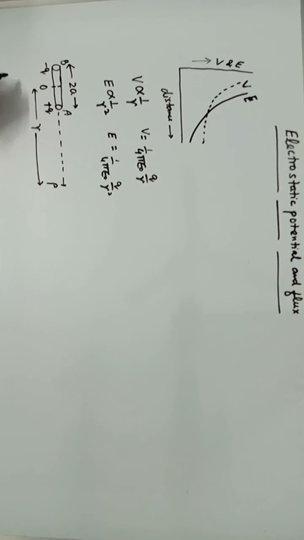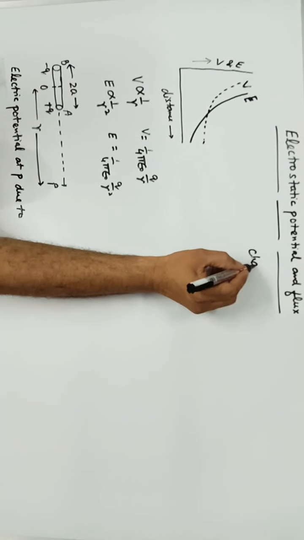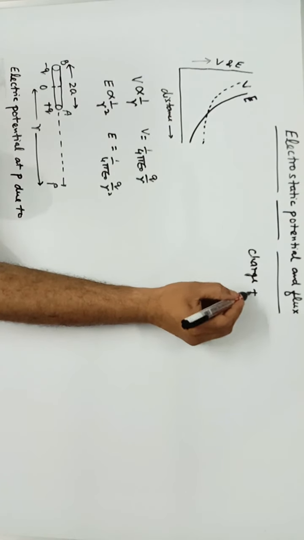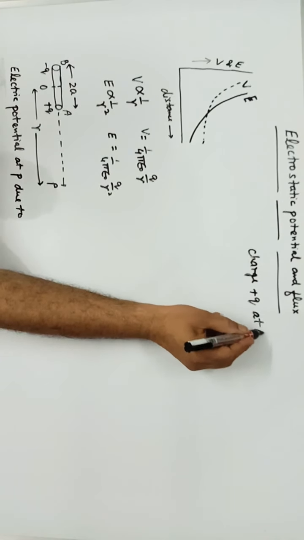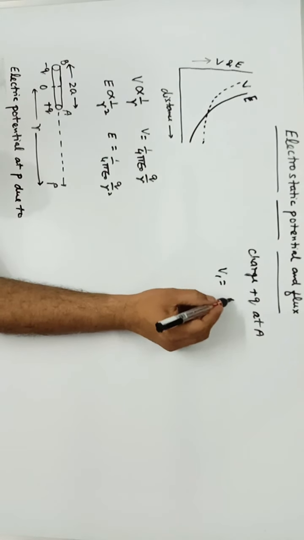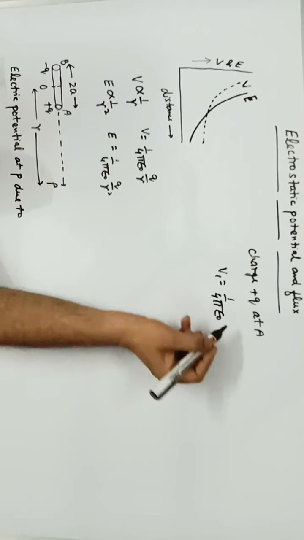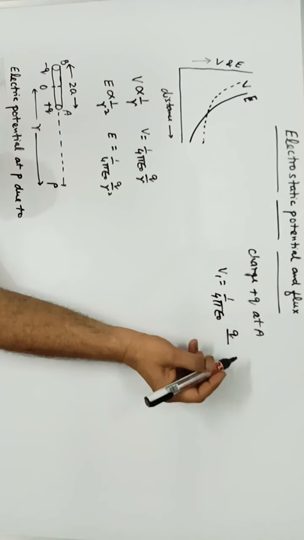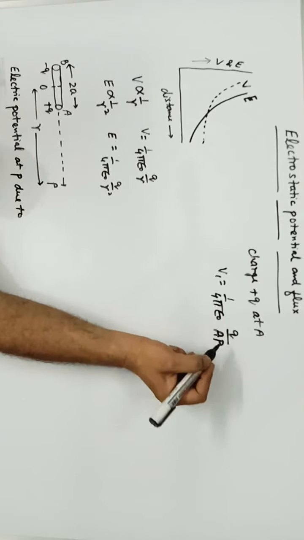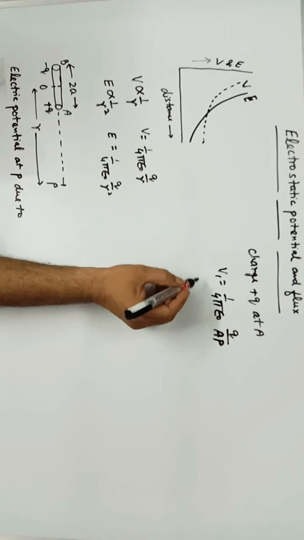So first we write the electric potential at P due to charge plus q at A. V1 is equal to 1 upon 4 pi epsilon naught q upon AP, and AP is r minus a.